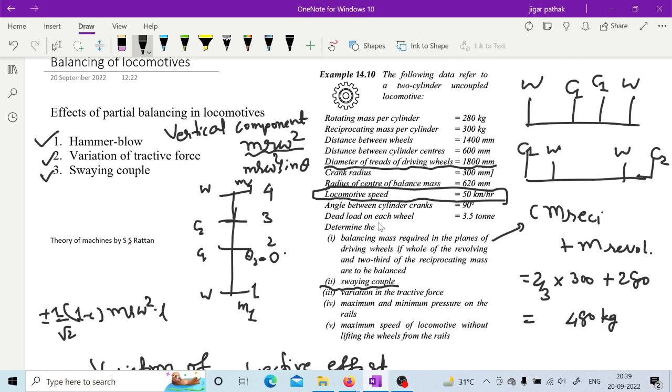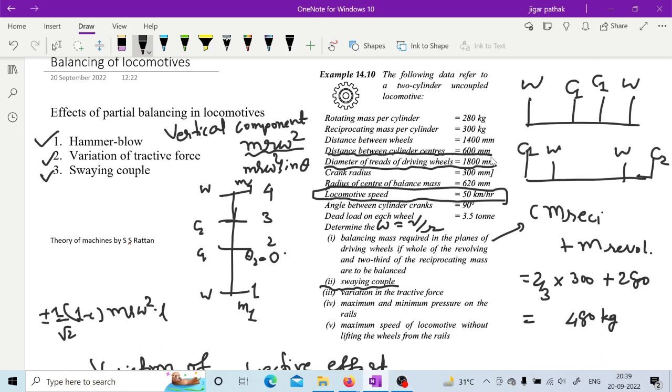So omega you have to calculate from v by r. You have to convert 50 kilometers per hour into meters per second, and the 1800 mm diameter to radius, that is 900 mm. From that you will find omega as 15.43 radian per second. And L is given as 0.6, right? So the distance between cylinder centers is L, as we have seen while calculating the swaying couple.